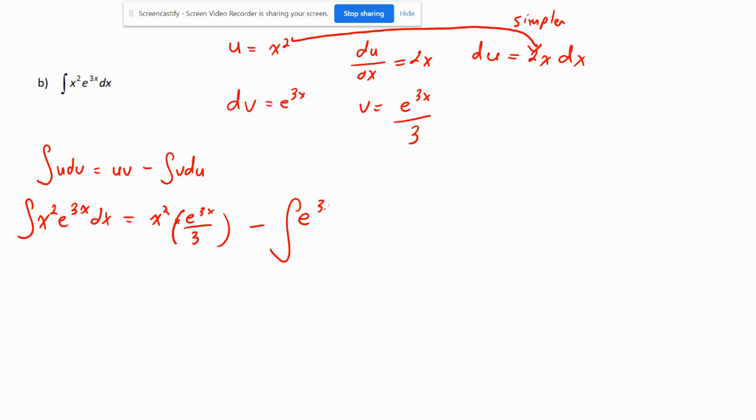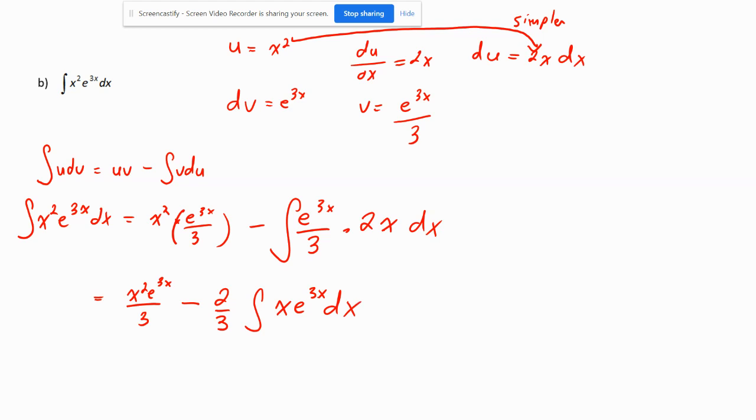We have e to the 3x over 3 times 2x dx. What we have over here is the over 3 and the 2 just becomes 2/3. We can pull that constant out in front.